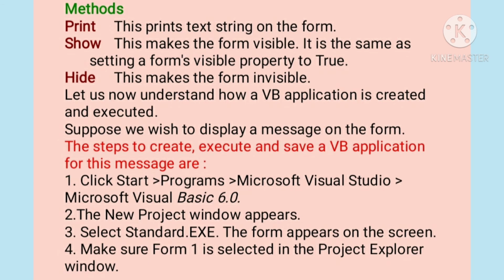First, click Start, then Programs, then Microsoft Visual Studio, then Microsoft Visual Basic 6.0. Second step, the new project window appears. Third, select Standard EXE. The form appears on the screen. Fourth, make sure Form1 is selected in the Project Explorer window.